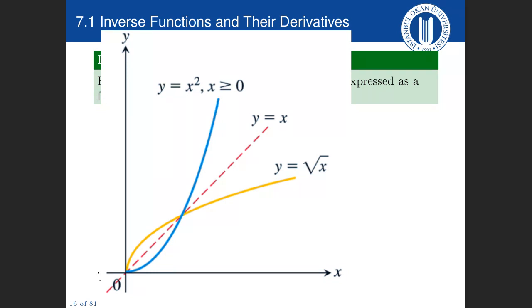But think about this. If we're always doing the mirror image like this, then we must be able to relate the slopes of the graphs.